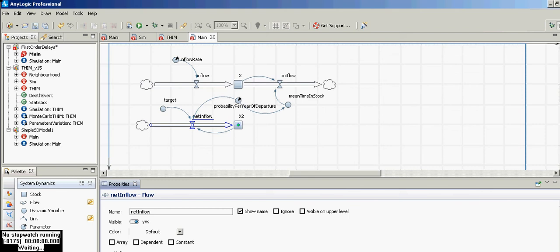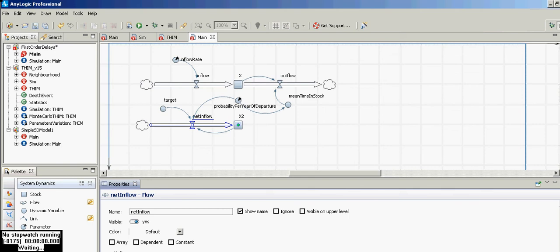What we need to do now is specify one final component, which is how quickly it changes. And it turns out how quickly it changes is given by none other than, guess what? Can anyone see? Think ahead, those of you who are feeling a bit bored. For this to be mathematically equivalent to this, what does it need to be multiplied by? Probability per year of departure.